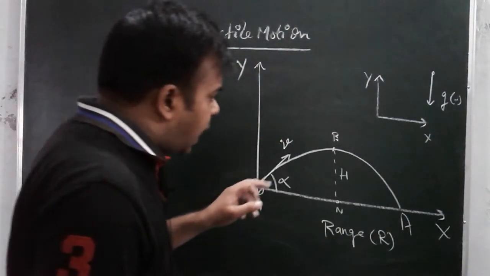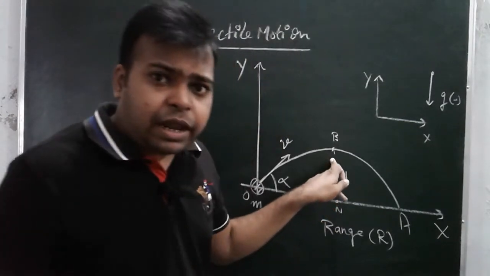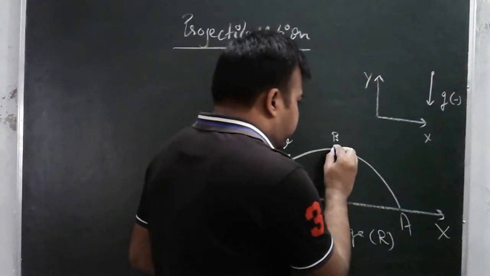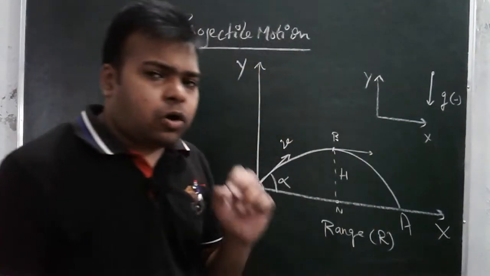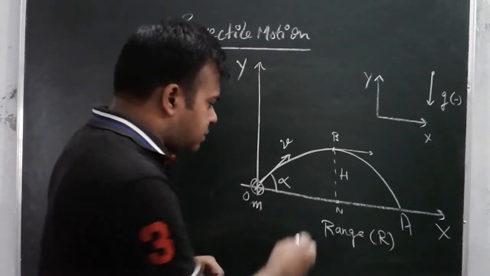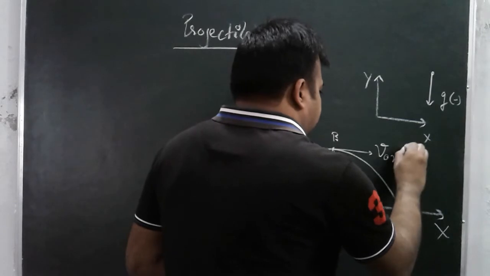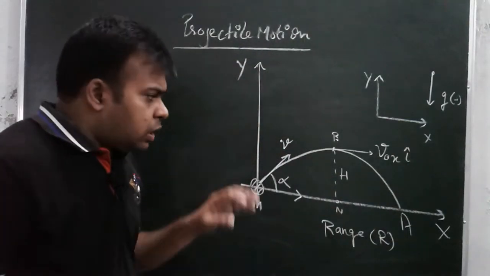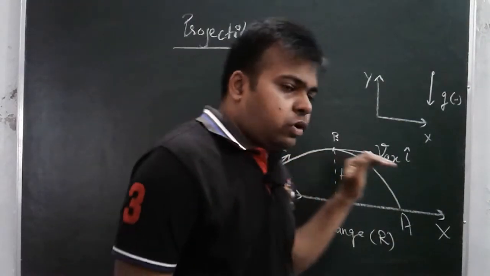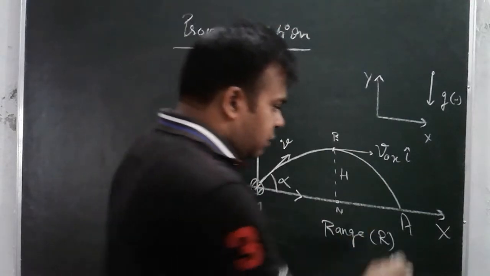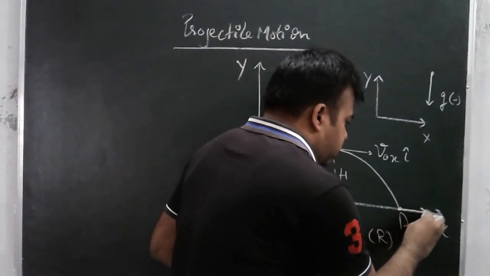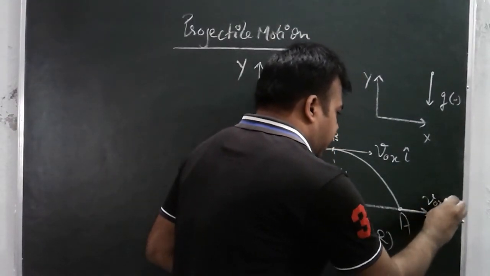Now at the highest point, there is only a horizontal velocity, and that is Vox i cap. I have told you earlier that horizontal velocity is always constant. At this point also the horizontal velocity is Vox i cap.